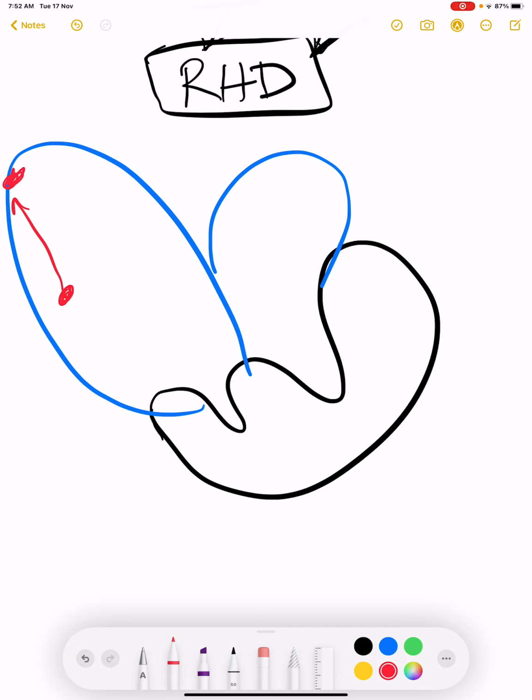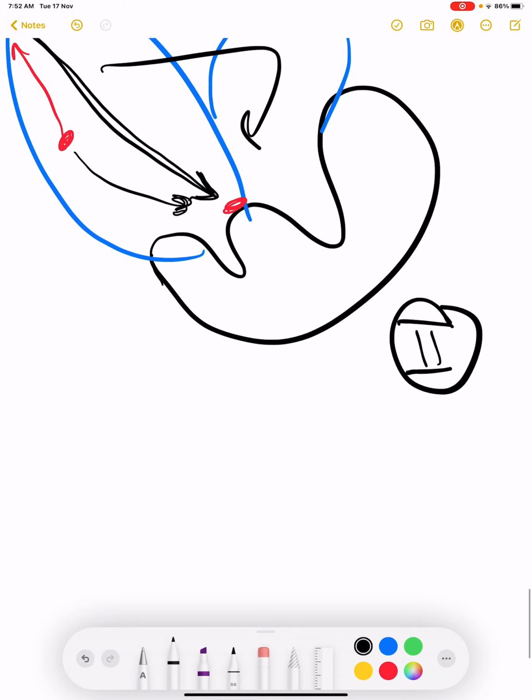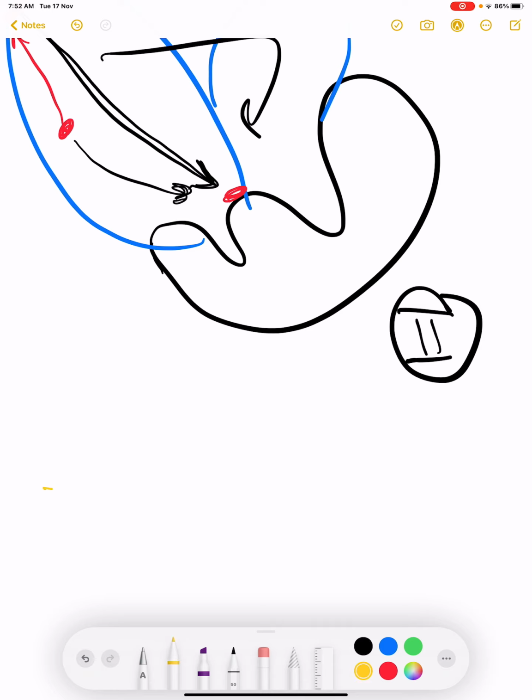When the SA node moves superiorly, what will happen? To depolarize the right atrium, there will be a bigger vector. Previously the vector was this small, now there will be a bigger vector in the direction of lead 2. So on the right side, our P wave is like this.